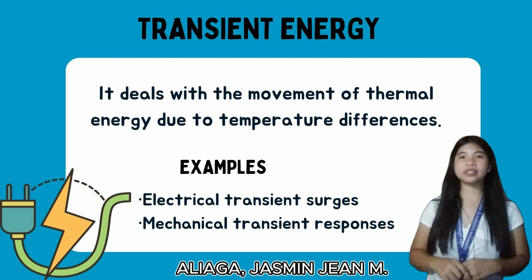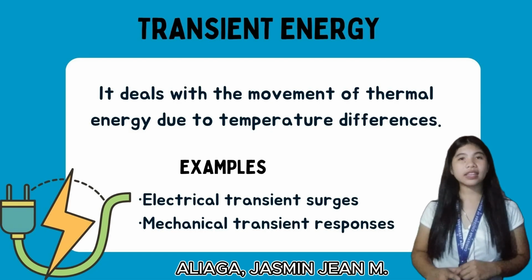In electrical systems, transients are momentary bursts of energy characterized by very high voltages and currents lasting from microseconds to milliseconds. This can be caused by lightning strikes, switching operations, or internal equipment turning on and off.